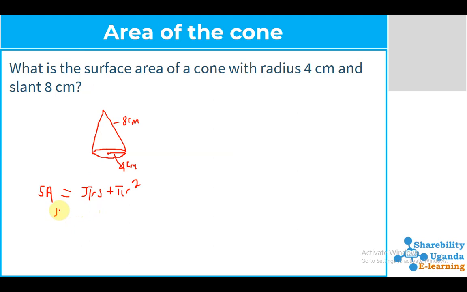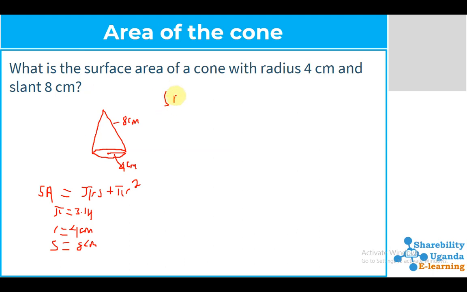So pi is 3.14, the radius is 4 centimeters, and the slant s is 8 centimeters. Now we can get our surface area.